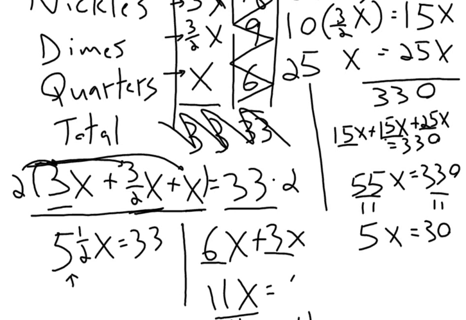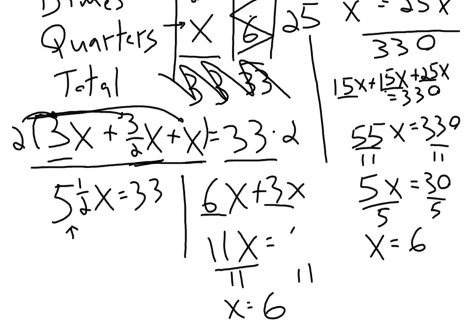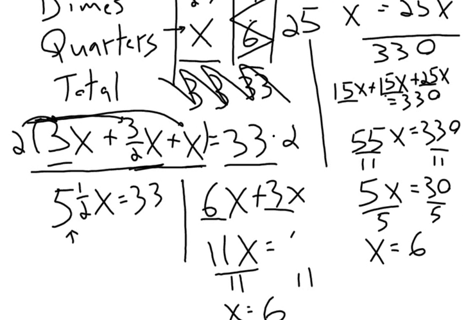Now I can kind of see a little easier what to do. If we had a calculator, we would have divided both sides by 55 right off the bat. So x equals 6. Just as we solved the first time, we would take that 6, plug it back in, and get our answers of 6, 9, and 18 for the amount of coins. So there were 2 ways we could do this problem, and they both work.